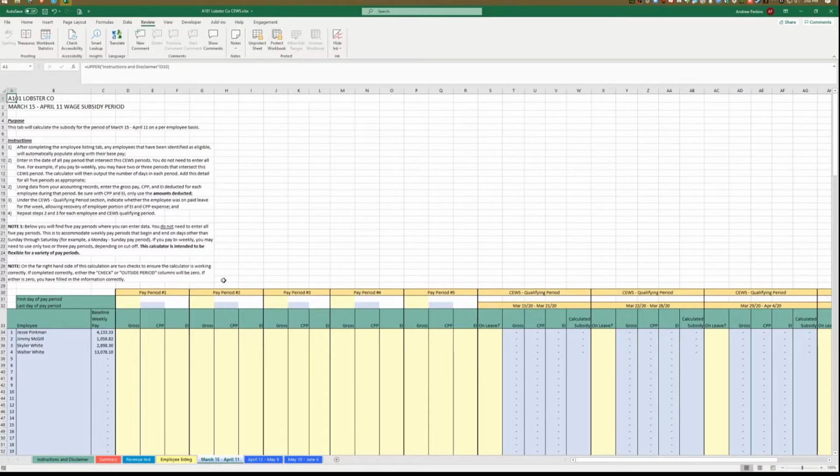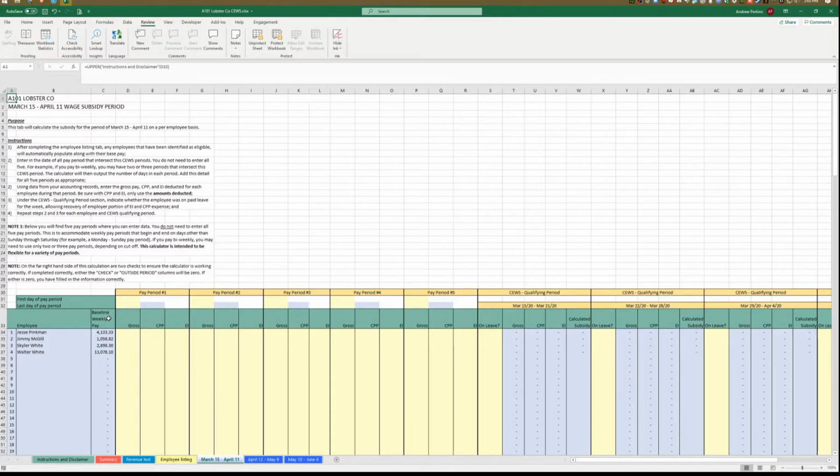If, as is the case in our situation, you pay weekly, and the pay periods begin and end not on Sunday through Saturday, you're going to end up with some days in the first pay period that fall outside of the March 15th to April 11th period, and you're also going to have your last pay with a few days that spill outside of that date. So this is intended to catch all of those situations.